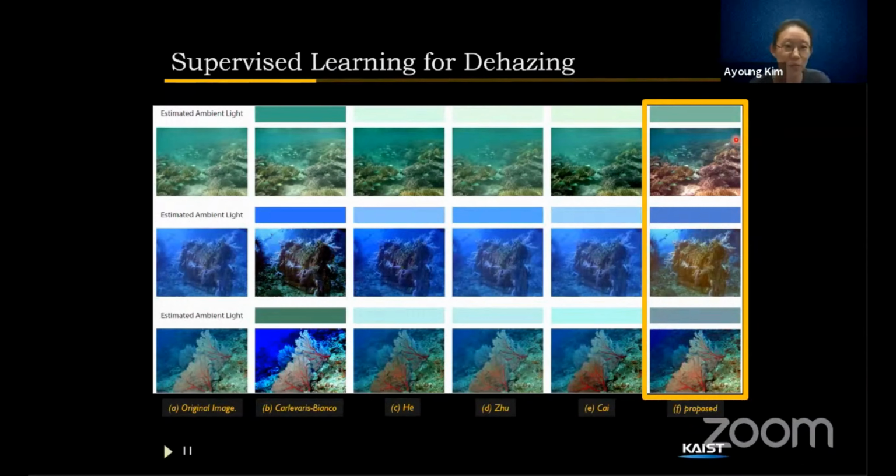So we could solve this for the dehazing, but as a byproduct, because I'm in civil and environmental engineering, there were some researchers who were interested in the algorithm that detects the ambient light color. But anyway, that required a lot of training data, and it was kind of hard for us to secure enough data.